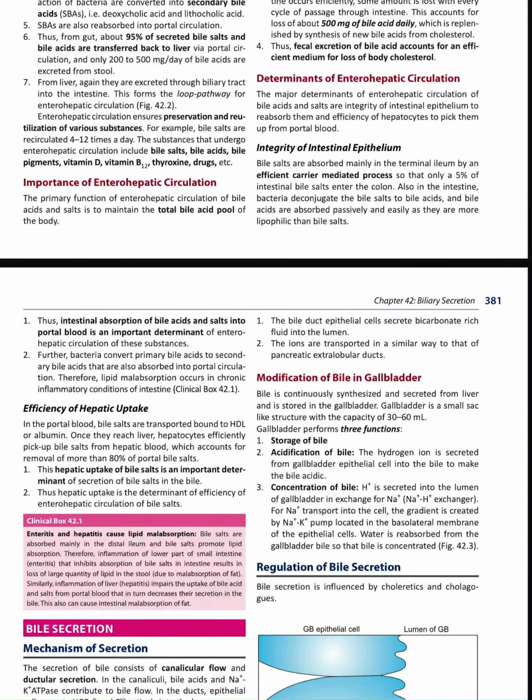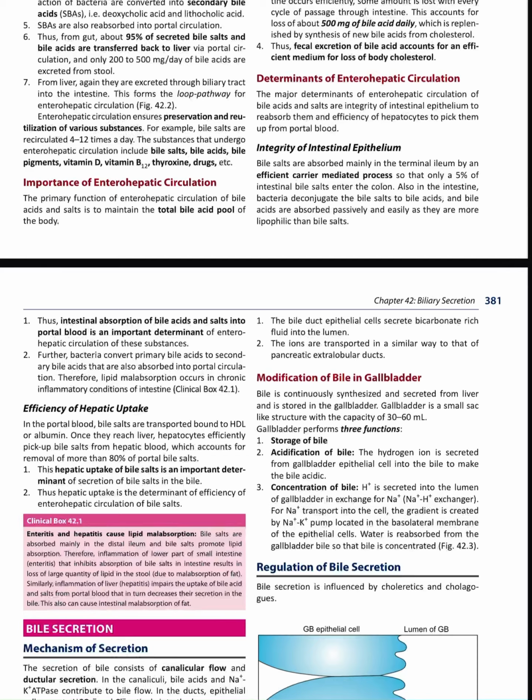Thus, intestinal absorption of bile acid and salts into portal blood is an important determinant of enterohepatic circulation of these substances. Further, bacteria convert primary bile acid to secondary bile acid that is also absorbed into portal circulation. Therefore, lipid malabsorption occurs in chronic inflammatory conditions of the intestine. Efficiency of hepatic uptake from the portal blood: bile salts are transported bound to HDL or albumin.